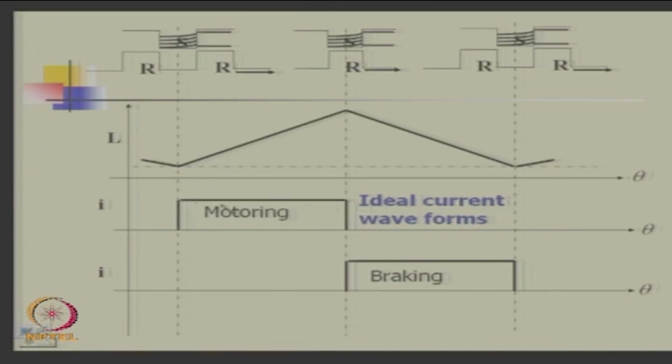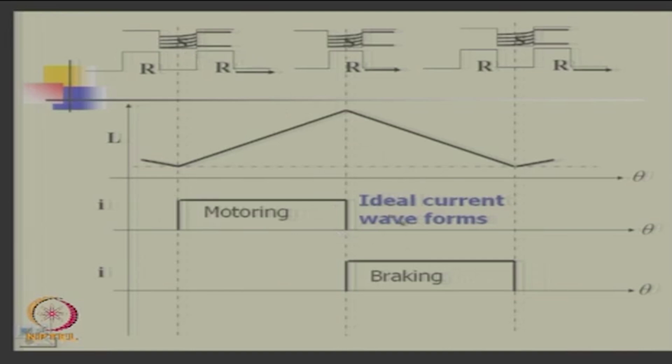Ideally you want a rectangular block of current I flowing in the winding, because this is the range where you have a positive inductance gradient. So you are very happy because your dL/dθ is positive and I is positive. So I squared dL/dθ will give you a nice positive torque from here to here, okay. Is it clear?